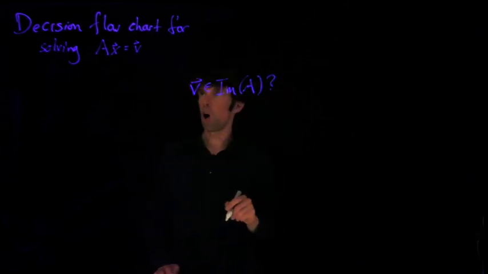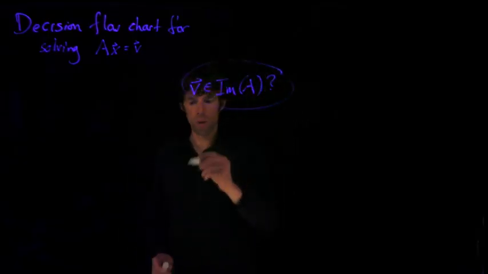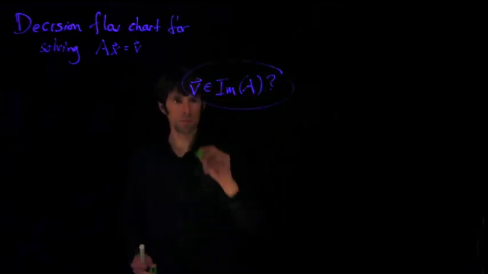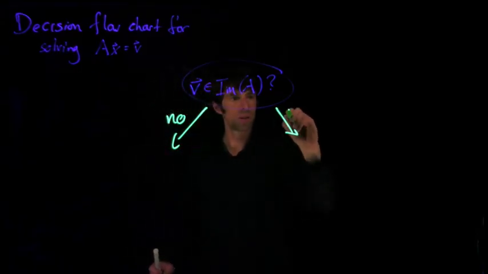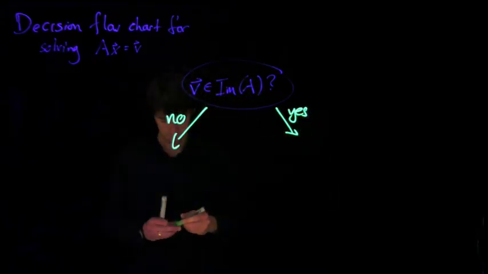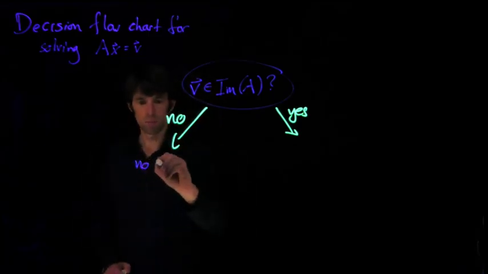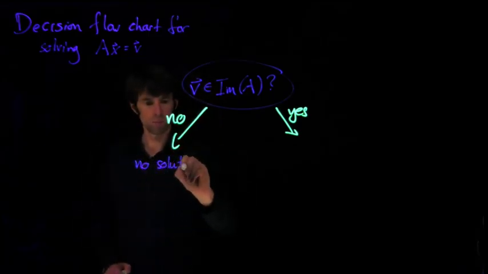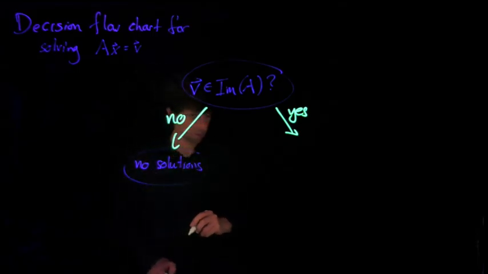The image of A is the column span of A. So two possibilities here. Either no or yes. If the answer is no, then we've got no solutions at all.